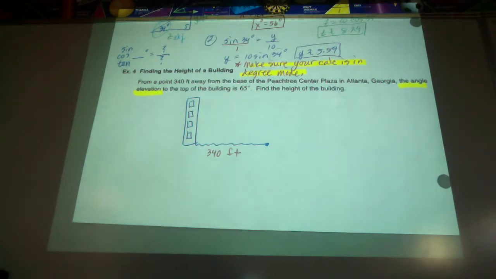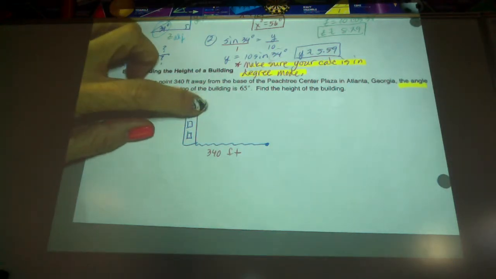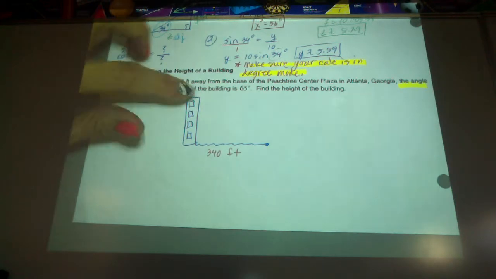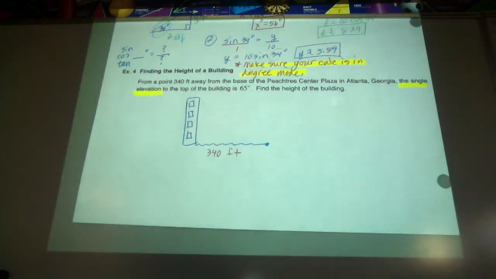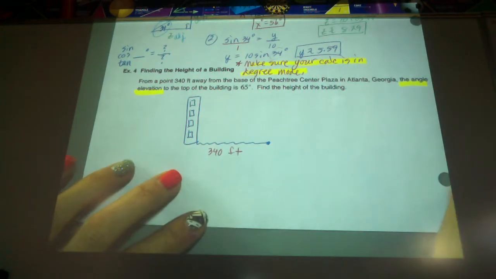Sometimes they might say, let's say that you have a tree that's tethered by a line that's staked 10 feet away from the base of the tree. They might say that the angle the tree is making with the tether line is, and then that angle would be way up here. Or the angle the building makes with the ladder, because maybe they're leaning a ladder up against the building. So pay attention to where they're describing that acute angle for the triangle goes.